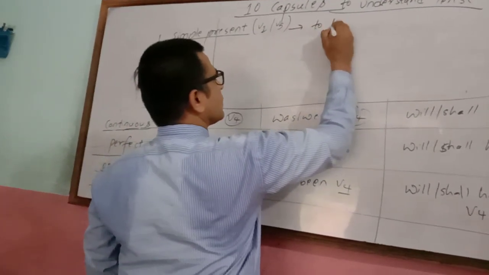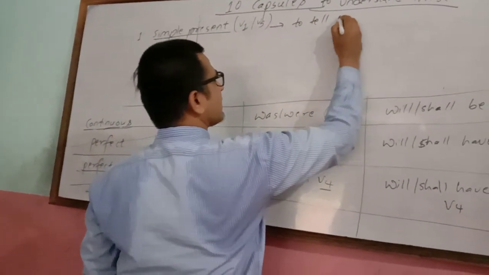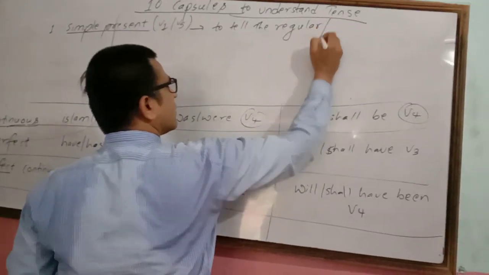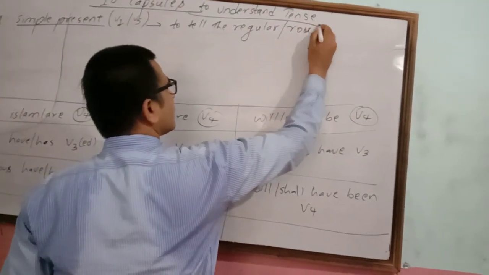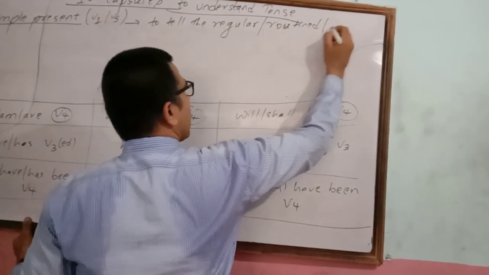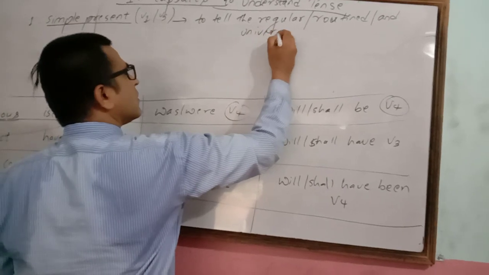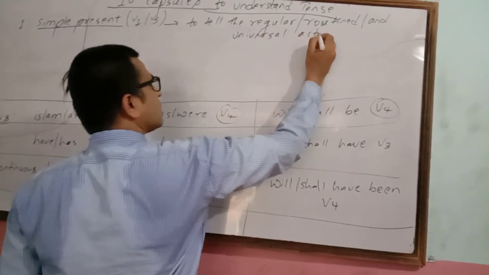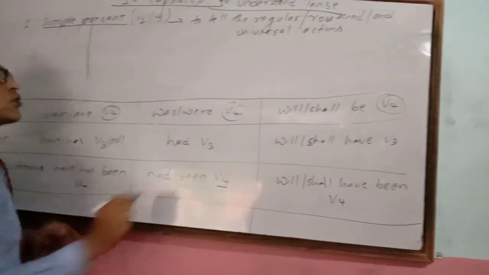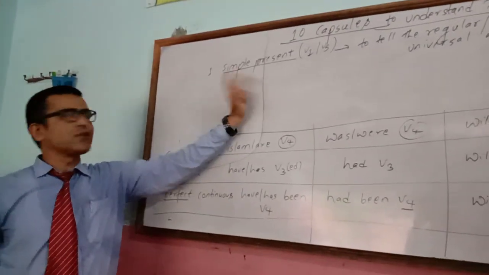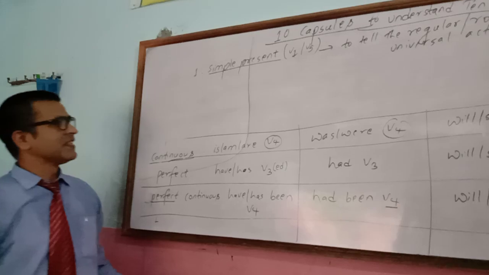So, this is used to tell the regular, routine, and universal actions. To tell the regular, routine, and universal action, we use simple present tense.